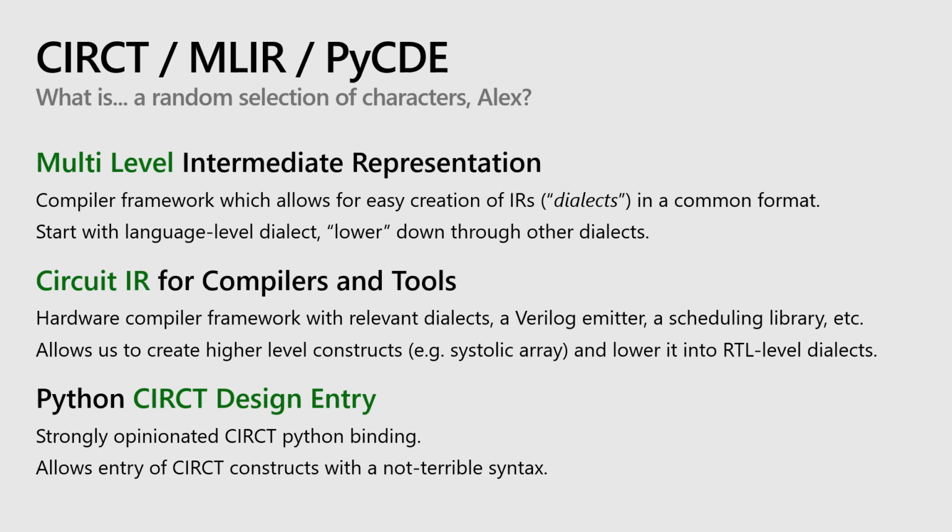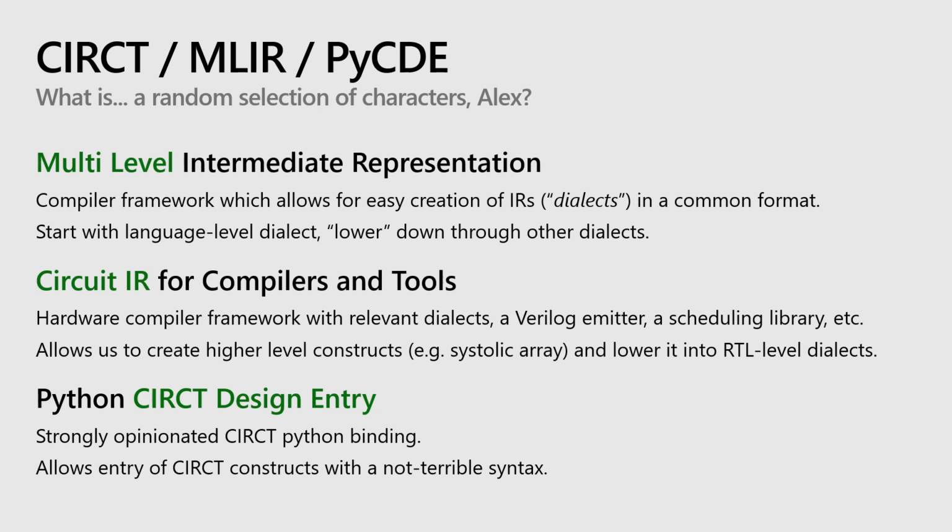And in order to understand what CIRCT is, you have to understand what MLIR is. MLIR is a compiler framework that allows for easy creation of dialects in a common format. The general idea being that you design a dialect that's as close as possible to the language layer, and then lower it down through other lower level dialects till you get to your dialect that represents your computational substrate.